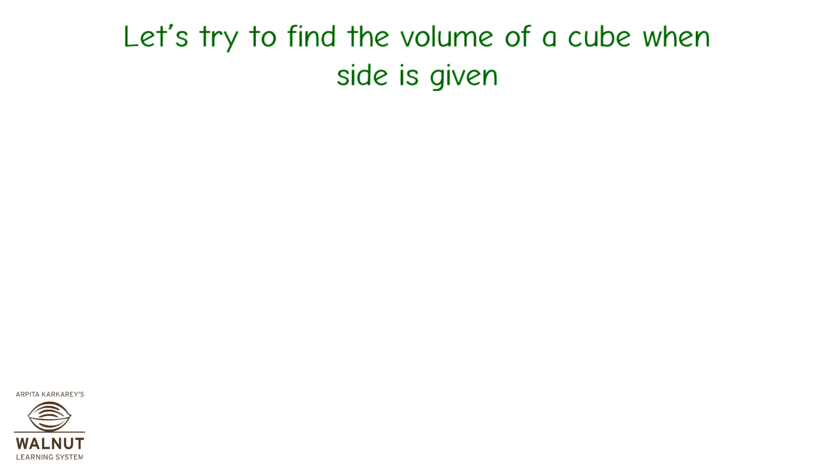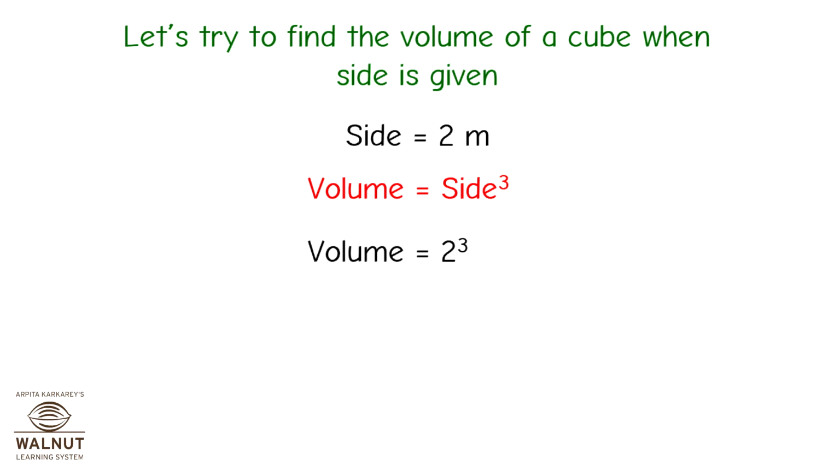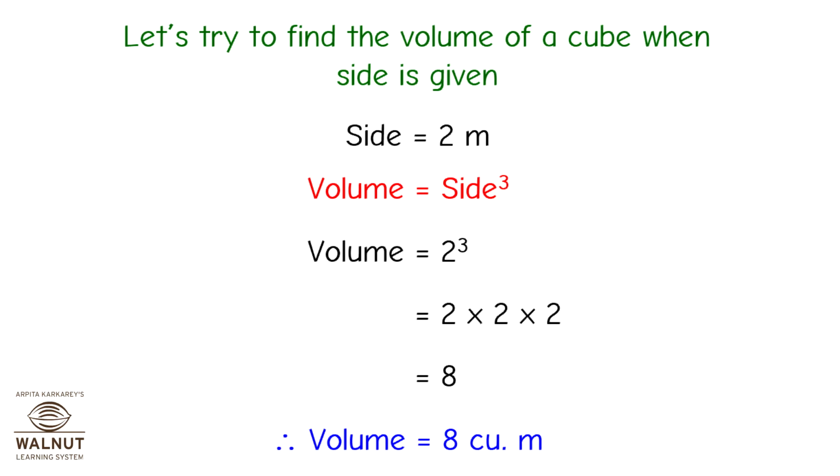Let's try to find the volume of a cube when side is given. Side is equal to 2 meters. Volume is equal to side cube. Volume is equal to 2 cube. That is equal to 2 multiplied by 2 multiplied by 2. That is equal to 8. Therefore, volume is equal to 8 cubic meters.